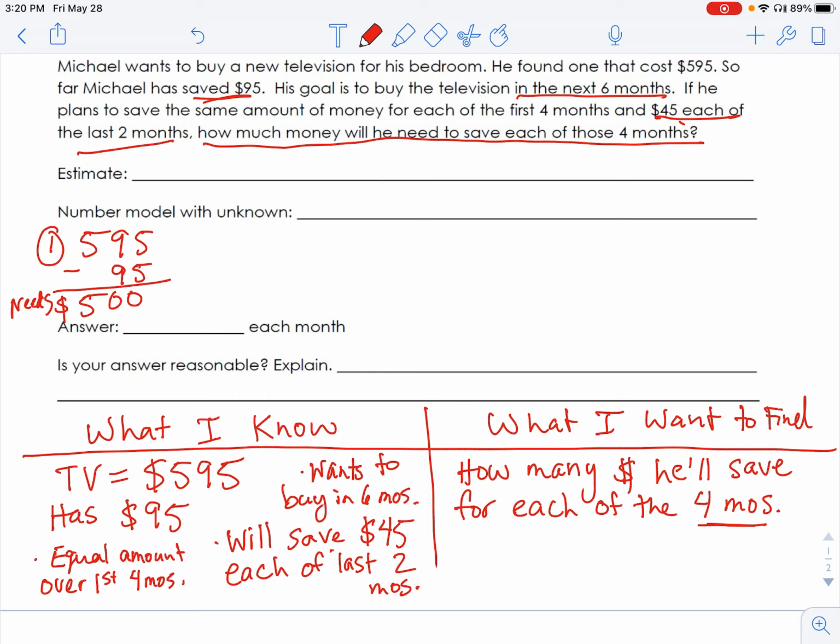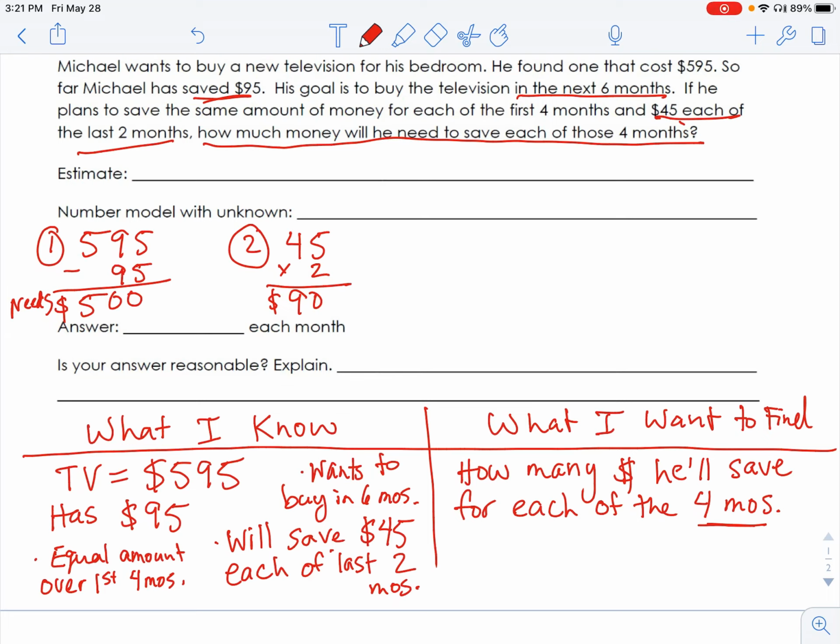So let's go ahead and do that. If he'll save 45 each of those 2 months, so step 2, we could say 45 times 2, do that out, and you should get $90. So that's the money coming from the last 2 months.